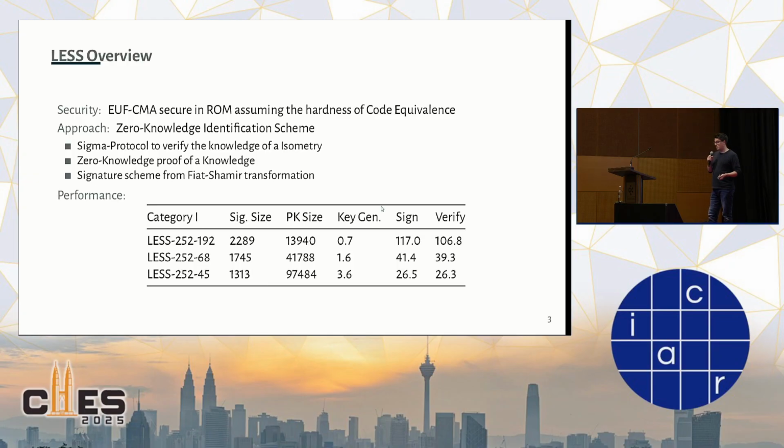This table only contains the category 1 parameter sets as well as numbers for a highly optimized AVX2 implementation on a Zen 4, so a relatively beefy CPU. As you can see, the signature sizes range from 2.3 kilobytes down to 1.3 kilobytes, and signing and verifying can be done in around 100 million cycles down to 26 million cycles.